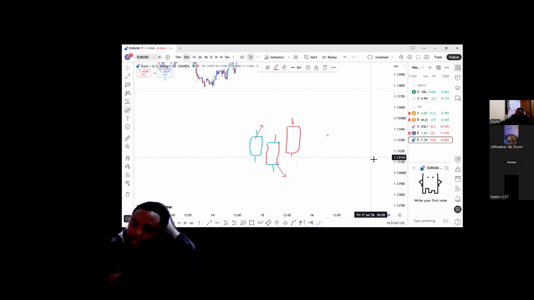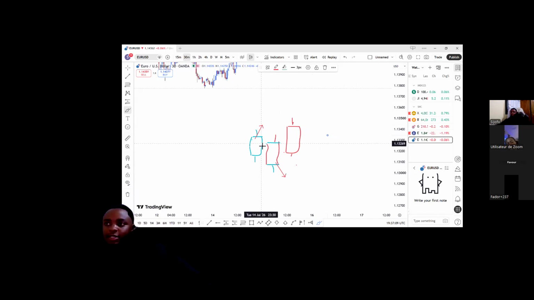What you need to know is that this one is the body of the candlestick. And when you see this wick, you call this one the upper shadow, or you can call it a wick. And this place is where the market is opening.